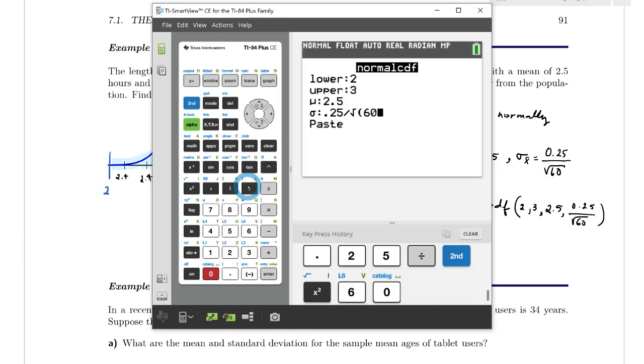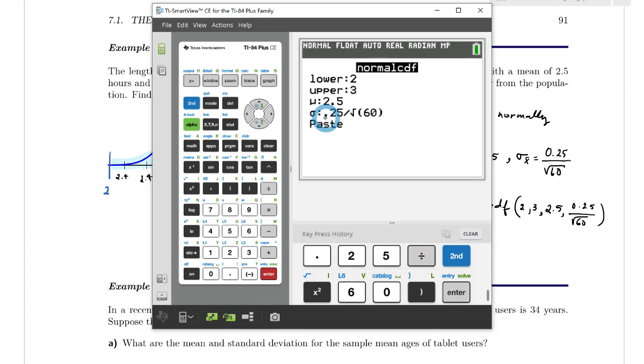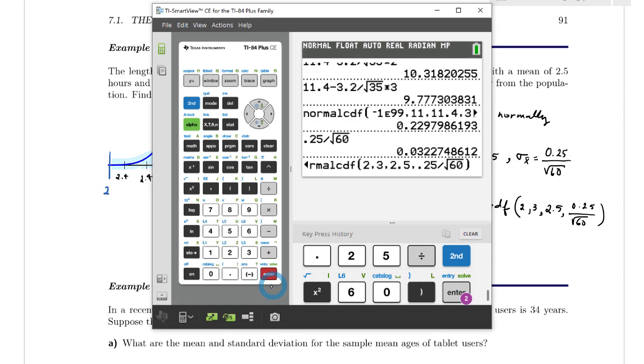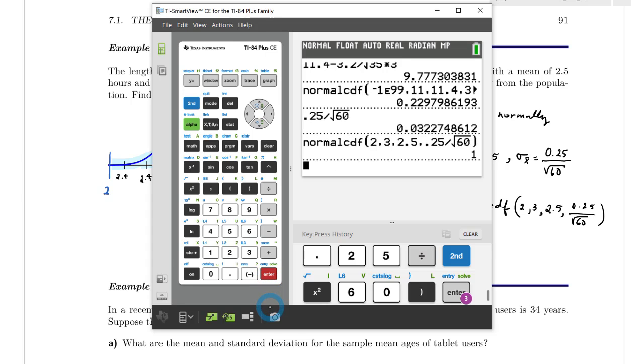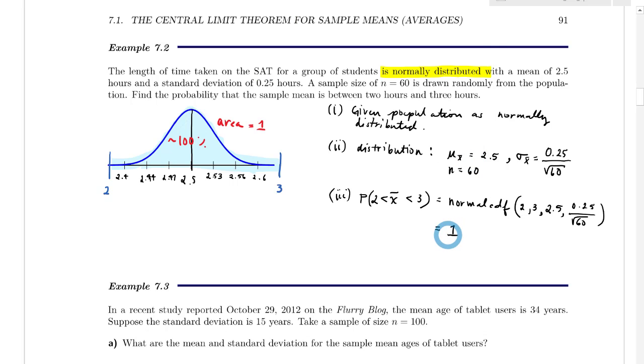I would not round this part, like I wouldn't put 0.03. I would always put the exact fraction with the square root, because if you round too early on, you're going to get error. Here we always round towards the end. And it says 1. Must be 1.